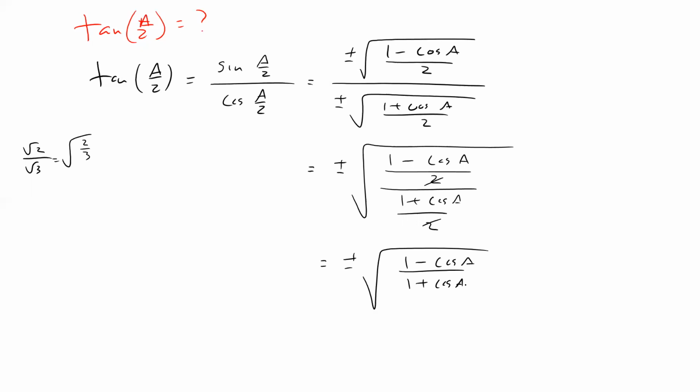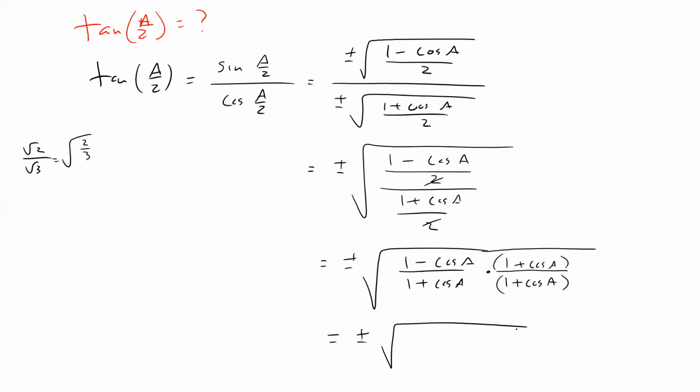All right, and that could have been the form if mathematicians just want to stay with it. Mathematicians, they don't want to stay with it. So what we do is we multiply by 1, and the one that we want to multiply in is 1 plus cosine A. So we extend this out, and we multiply top and bottom by 1 plus cosine A. Technically, we're multiplying by 1, and we can do that anytime.